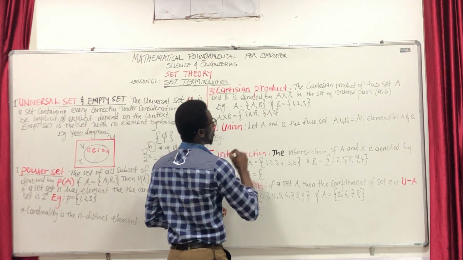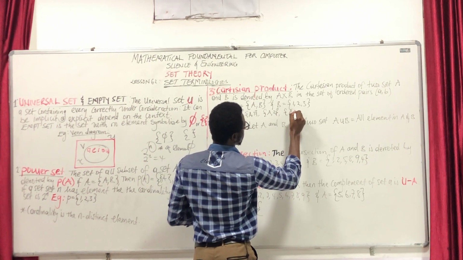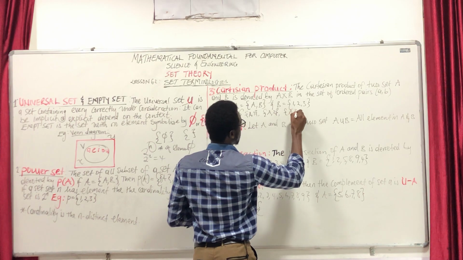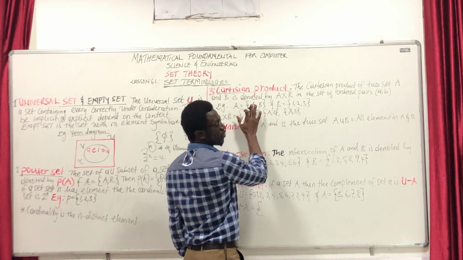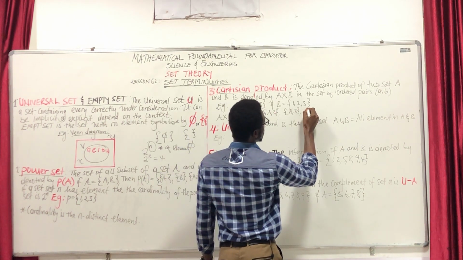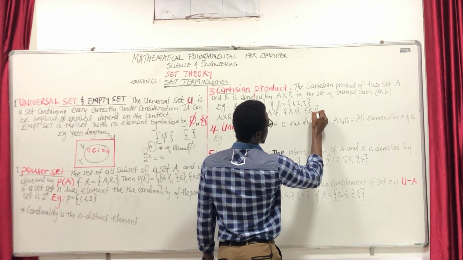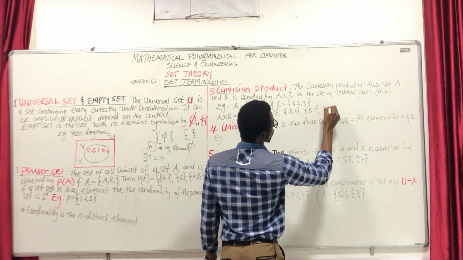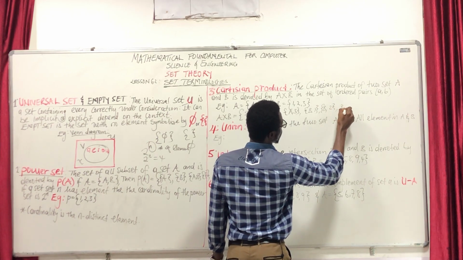Okay, that's the other one. Then A, comma 3. Then we come to B. We are done with A. Then we multiply again this: B, comma 1; B, comma 2; B, comma 3.